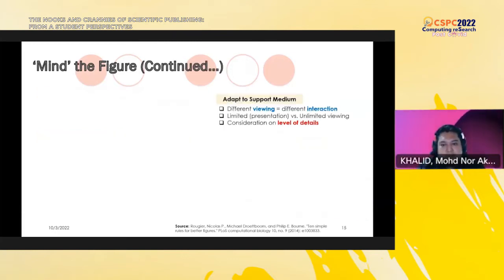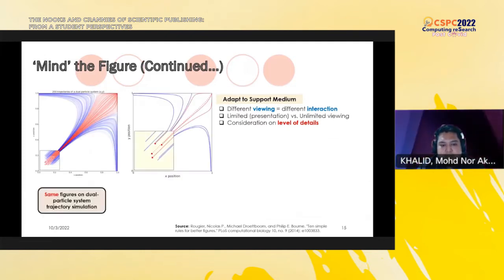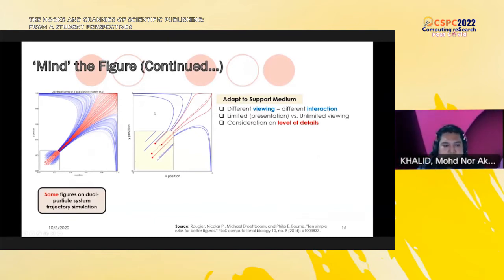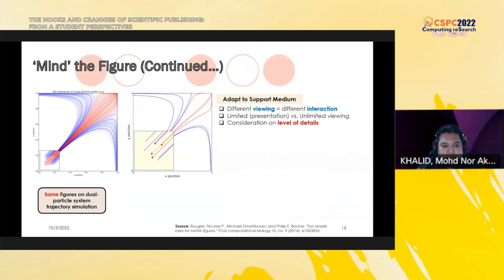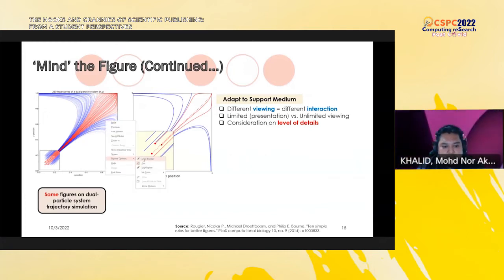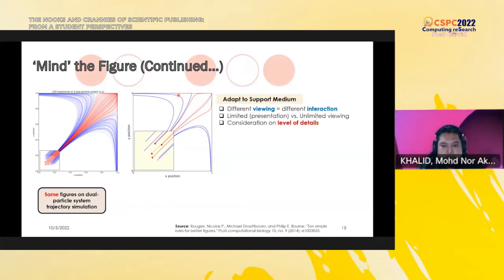And then another point is to adapt to the support medium. These are examples of dual particle system trajectory simulation. Of course, this is not my experiment actually. So you can see that these are very detailed, but these are very bare minimum.